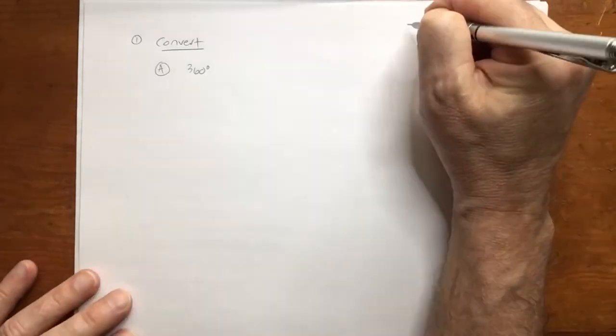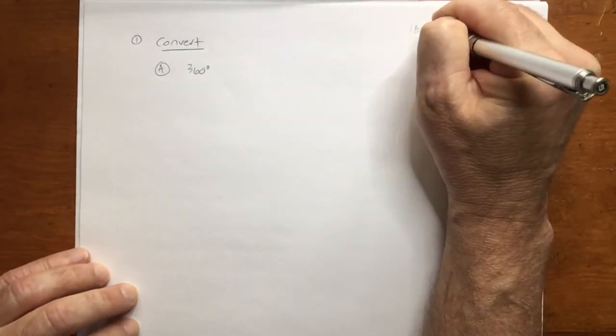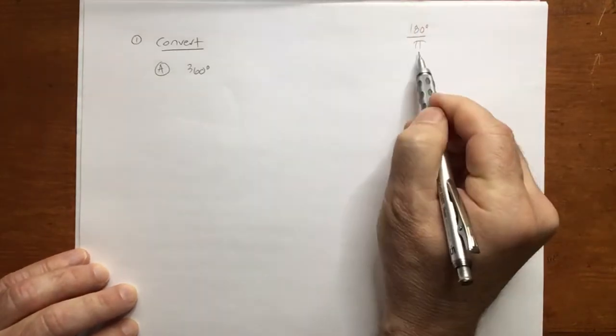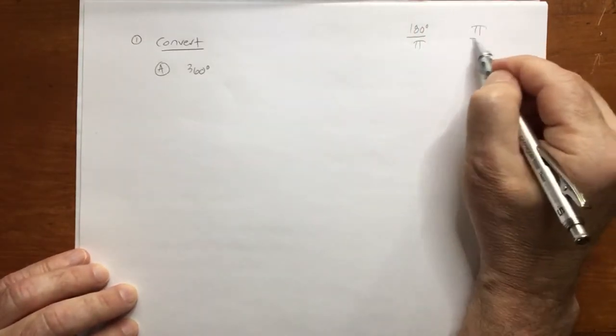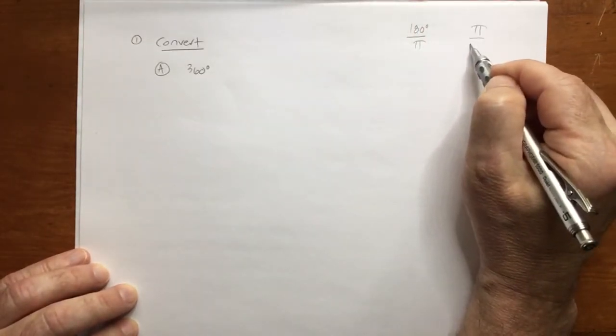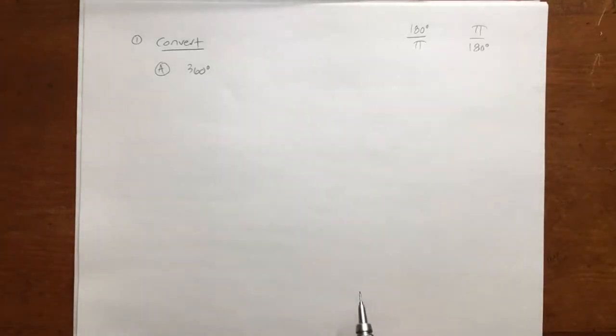This is going to be so important later on, this one little problem right here. So I have to use a conversion factor. My conversion factor is either going to be this or this upside down. And one thing I should note, and I'm not going to explain it right now, the actual definition of a radian is a ratio.